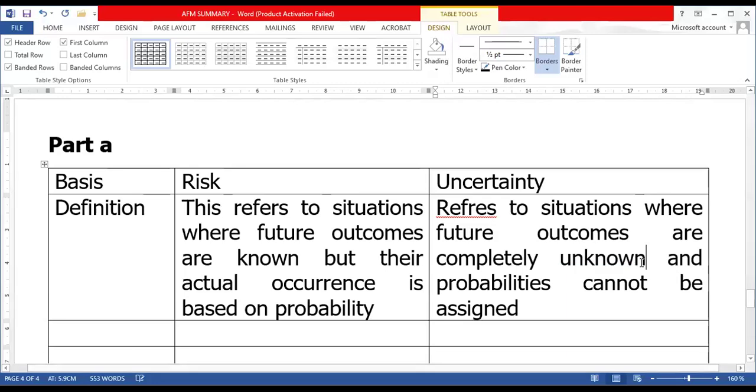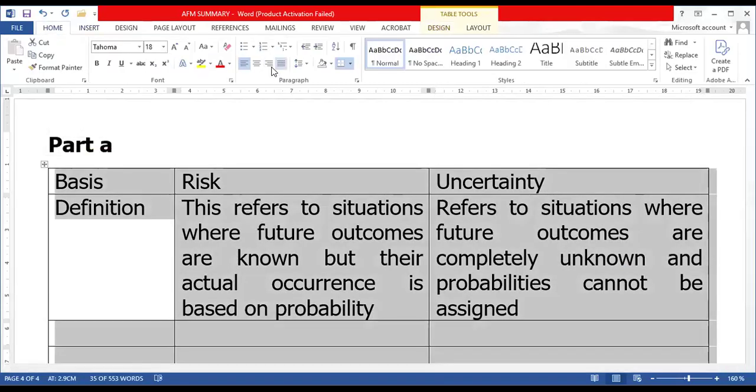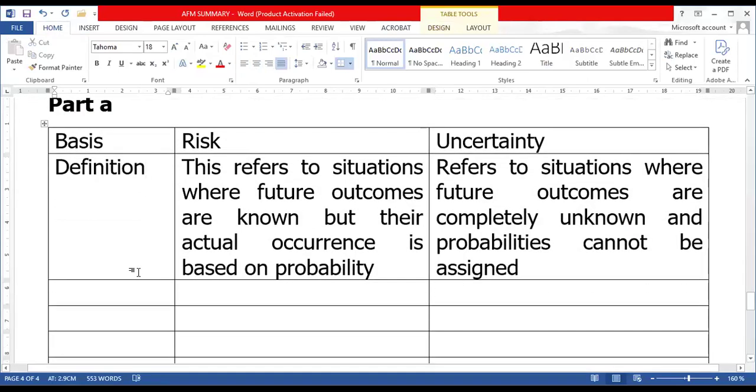That is uncertainty. You don't know the future outcome. And then it means that it is even hard to assign the probabilities.